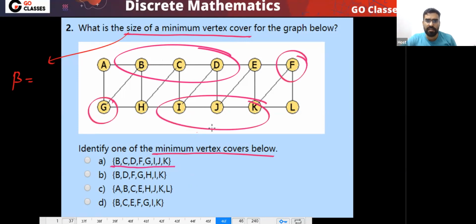Can you remove something? First of all, tell me, is this covering everything? Are we covering all the edges? Just check. First you check this. Yes, all the edges we are covering. But can we remove something? Is this minimum?